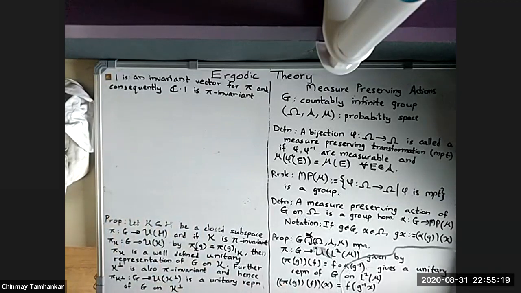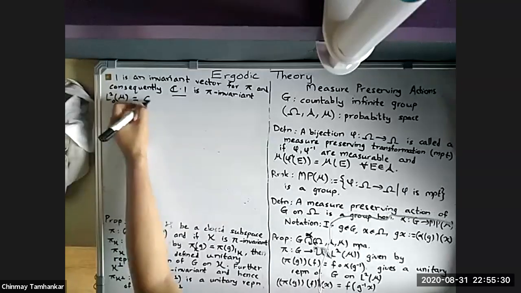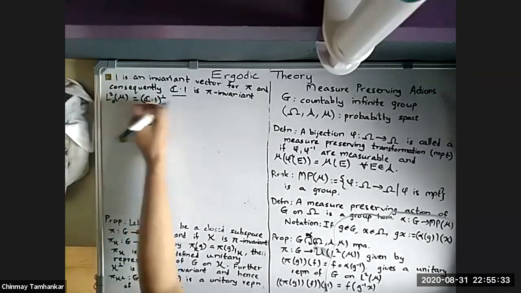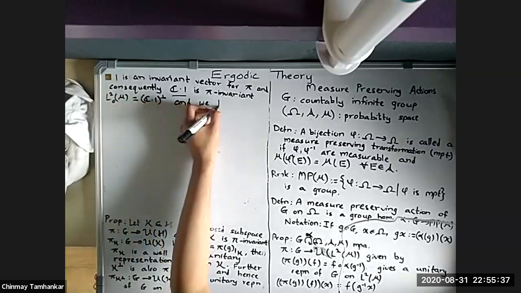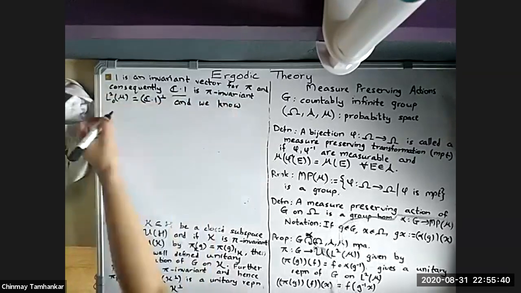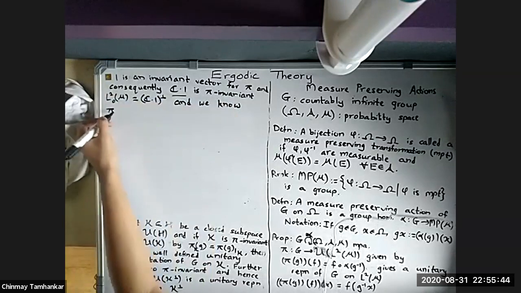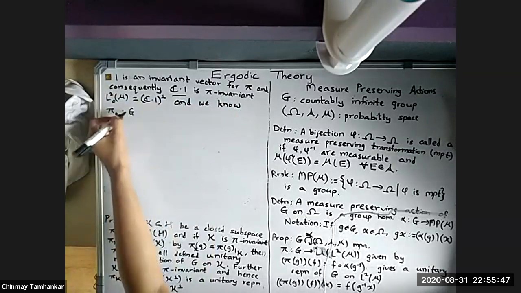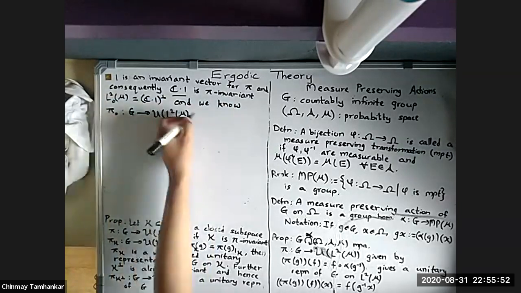What we'll mostly be focusing on is the perp of this space, C times 1. I'll denote by L2 mu 0 equal to C times 1 perp, and call this pi 0 from G to the unitary group of L2 mu 0.